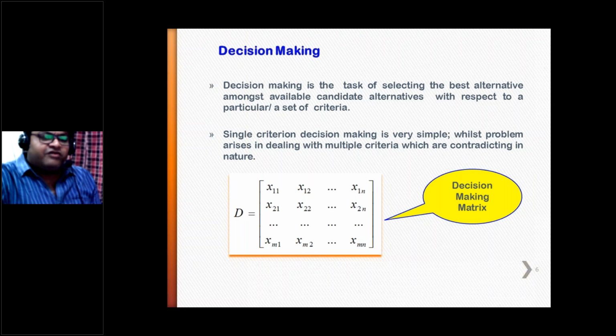Giving you an example, say an interview is going on. The expert panel evaluates the efficacy of the candidates, and each candidate is evaluated by a set of criteria. So the candidate applicants are nothing but the available alternatives, and the task is, from amongst those alternatives, to select the best applicant, or you can rank the candidates based on their interview performance.